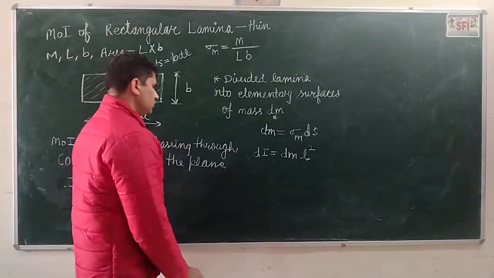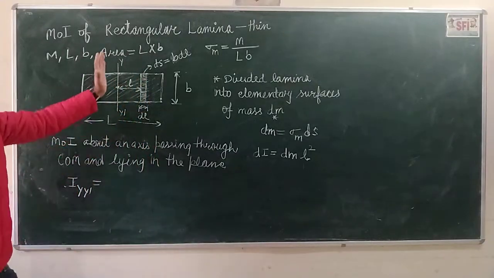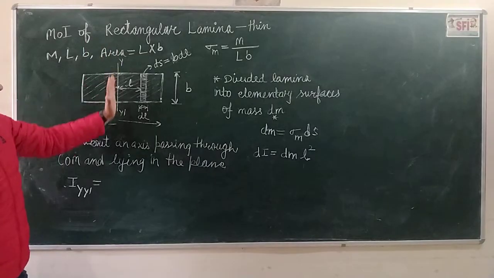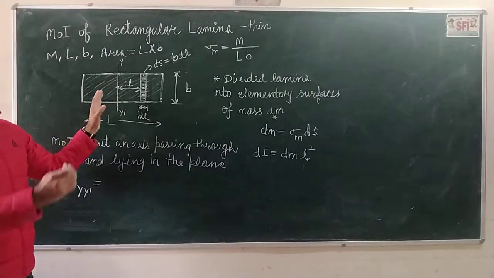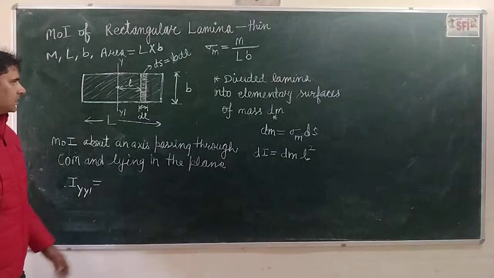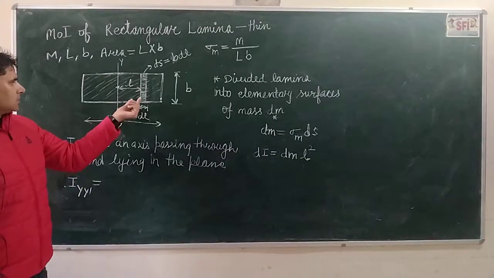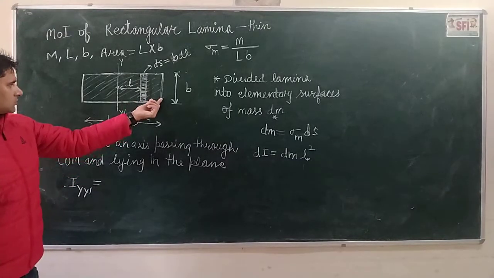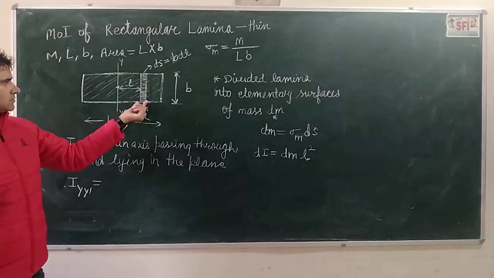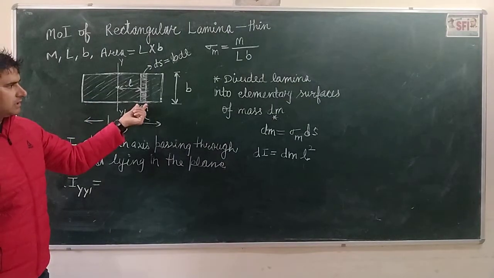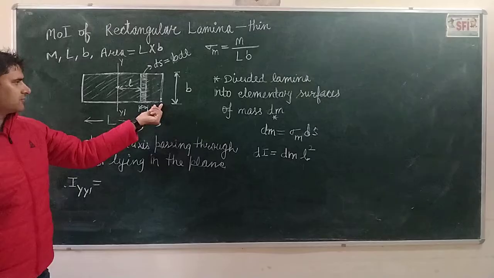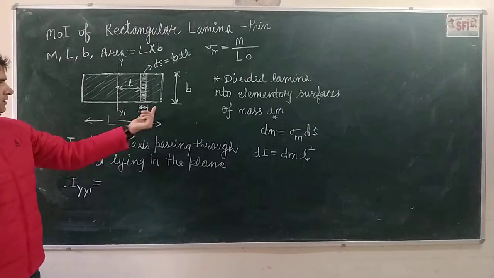Now to find the total moment of inertia about the y axis, which is lying in the plane of the rectangular lamina, you have to cover all the surface using this elementary surface. So you will start from this end to this end.